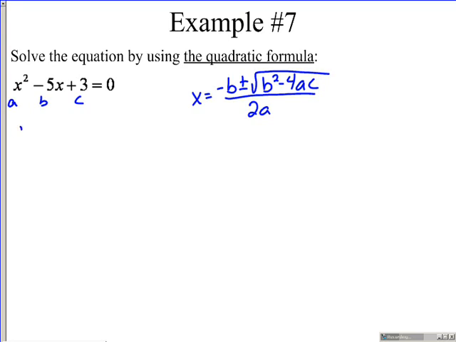In this case, A is going to be 1, B is going to be -5, C is going to be 3. Once we have those identified, go ahead and plug directly into the formula.